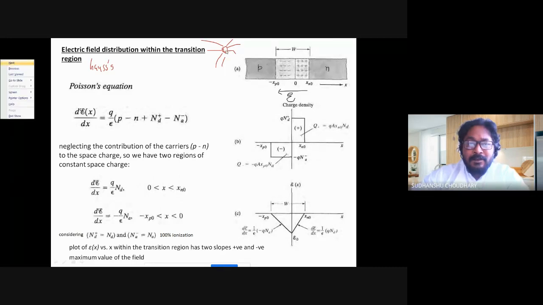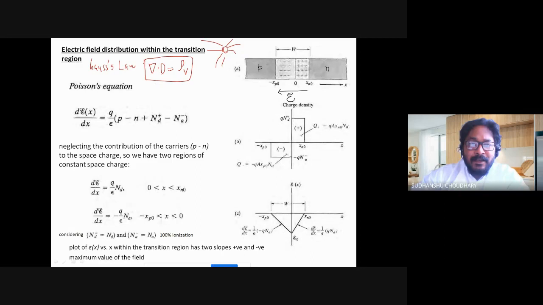So that is actually Gauss's law. One can write the differential form of Gauss's law, if you remember, by saying del dot D is equal to rho V, where rho V is the volume charge density. So this is Gauss's law in differential form, where D is epsilon E. So one can replace this D by epsilon E.